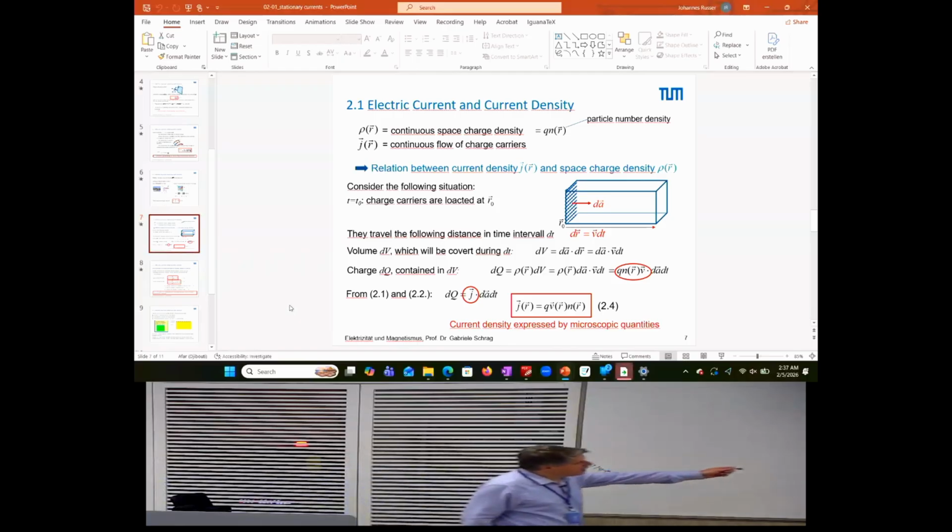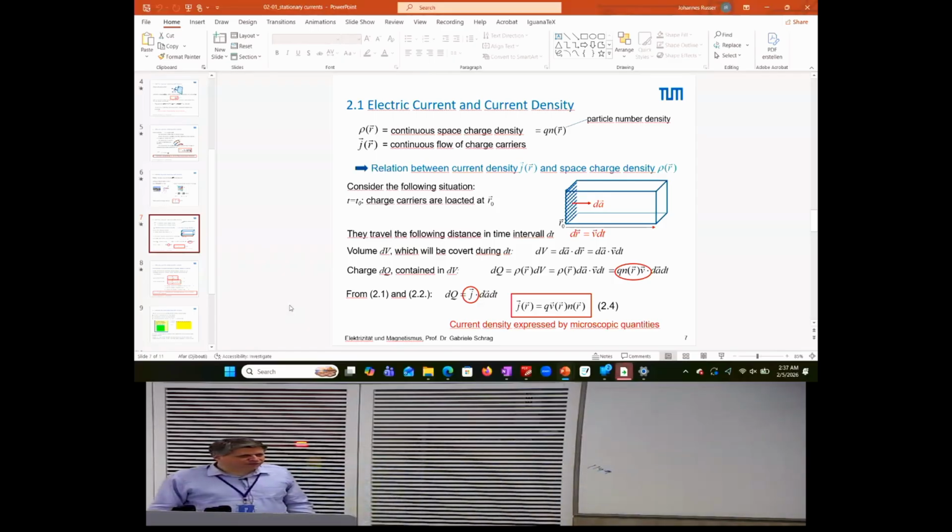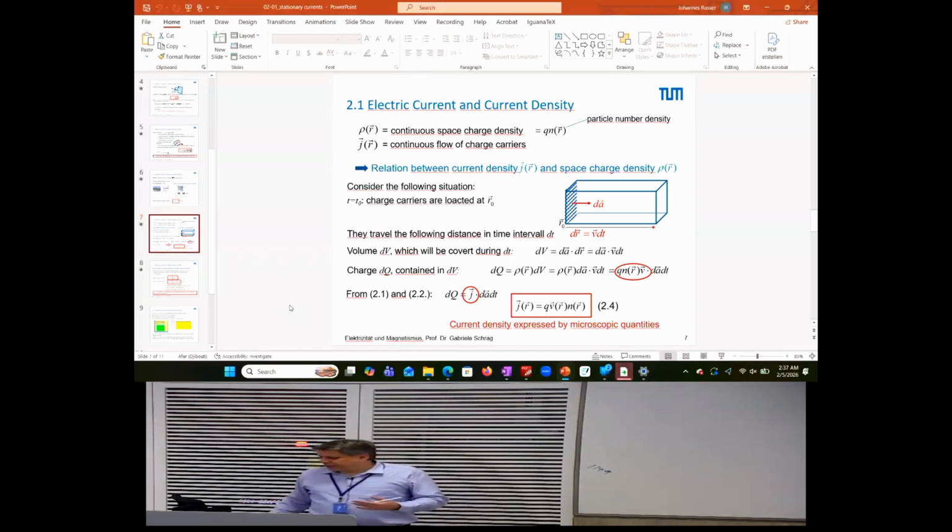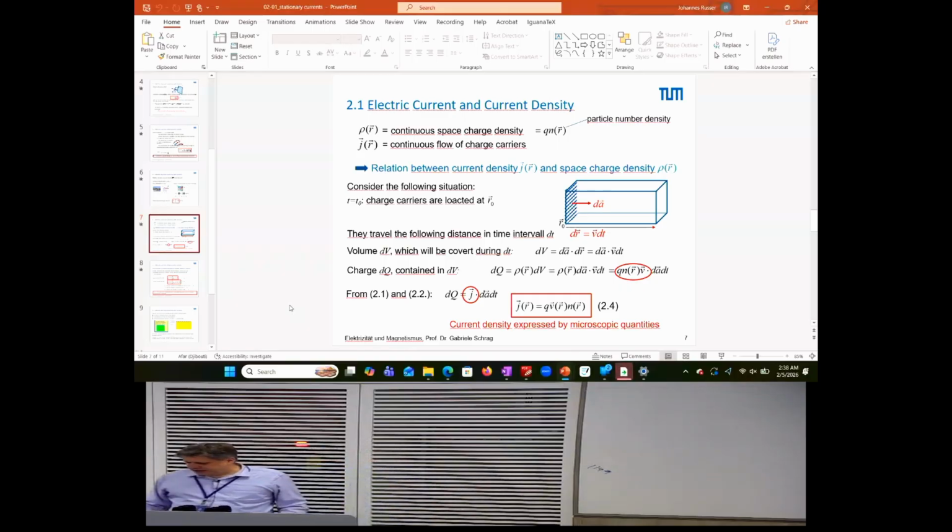And then we're splitting that up: instead of using the spatial charge density, we use the particle density n. Small n is the number of particles per volume. The capital N we denote the total number of particles. So small n is particles per volume, and then we multiply with the charge value, and that in the end corresponds to our spatial charge density.